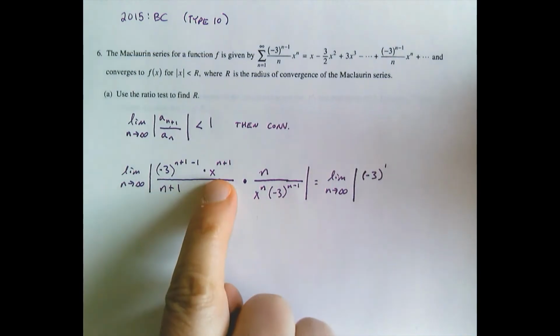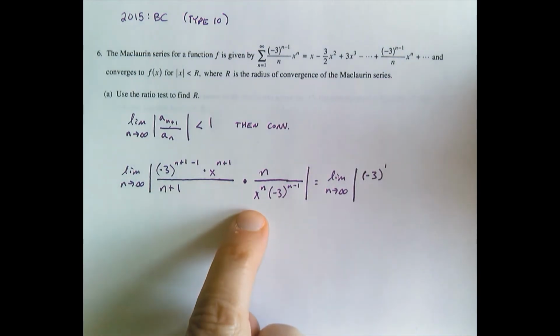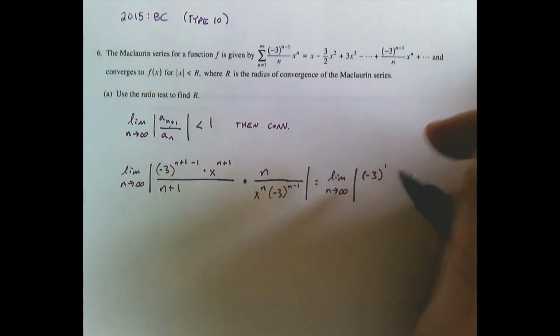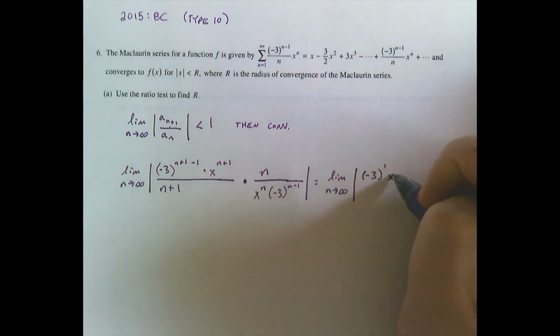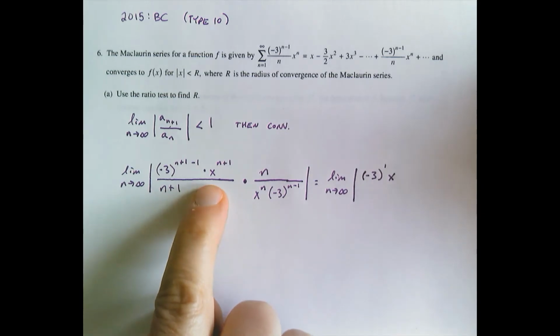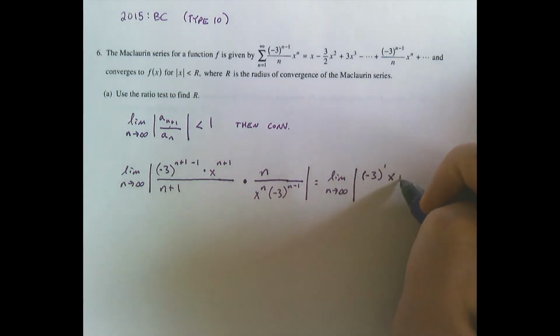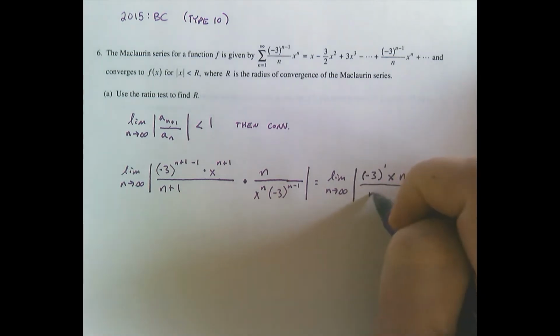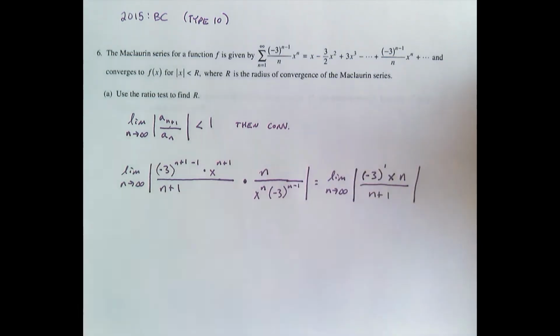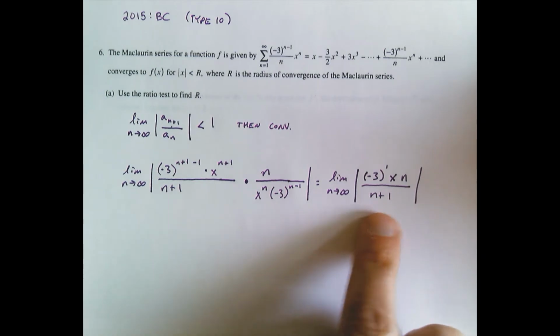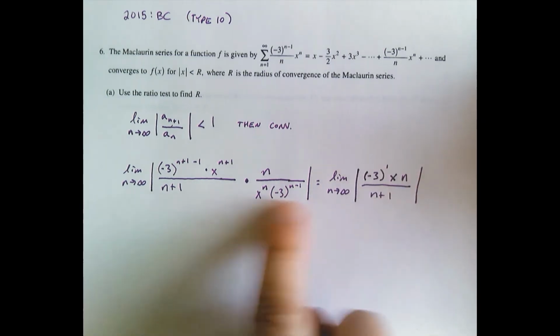The x to the n plus 1 over x to the n, the x to the n's cancel, and we're left with an x on top. And then the n over the n plus 1. Okay, and this is as simplified as that expression is going to get.